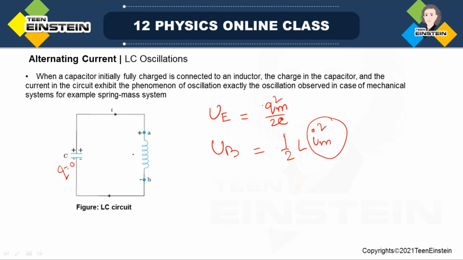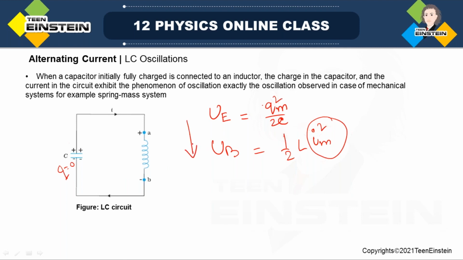So what will happen? The capacitor will slowly develop charges again, and the inductor will be losing its magnetic energy, whereas the capacitor will be storing the same energy in the form of electrical energy. Thereby, when the capacitor again regains its whole charge but in opposite polarity, the whole magnetic energy again will be converted to electrical energy.